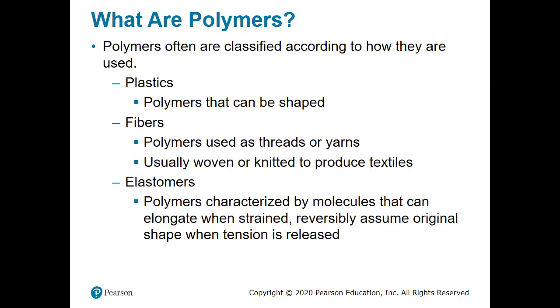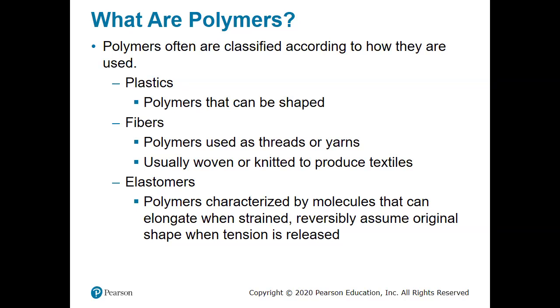Now we can classify polymers also based upon their use. The most common polymers are plastics and fibers. In plastics, we're talking about polymers that we can shape. We all have a general understanding of what a plastic is, what it looks like. The connotation behind the name plastic, meaning we can kind of get it to form whatever shape that we want.